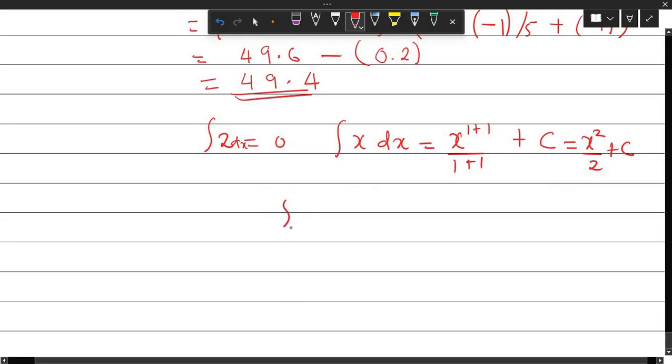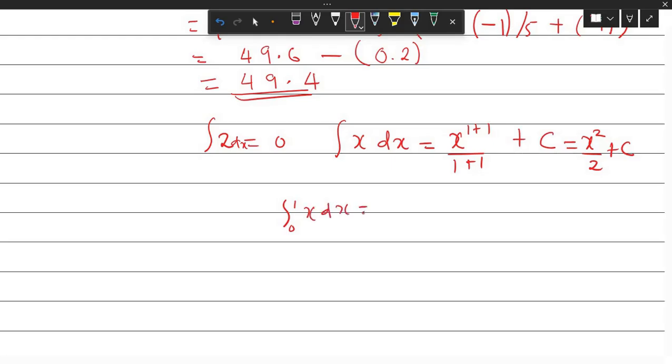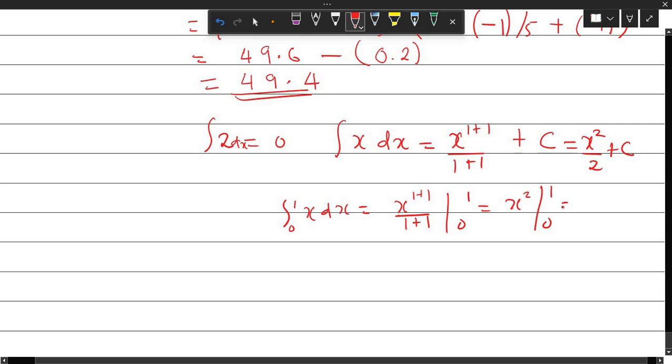If you have limits 0 to 1, let's say x dx, you integrate this one, you say x to the power 1 plus 1 over 1 plus 1, and you say 0 to 1. This is the same as x squared over 2, 0 to 1. So you substitute the limits, upper limit minus lower limit.